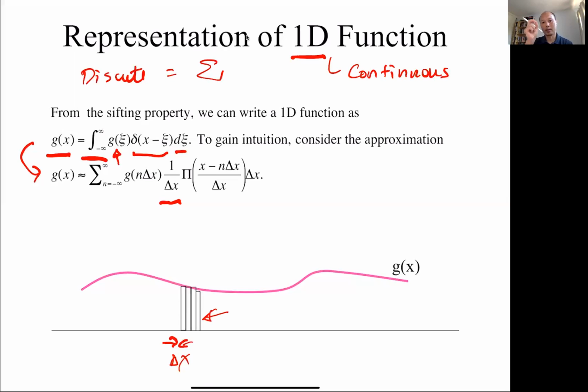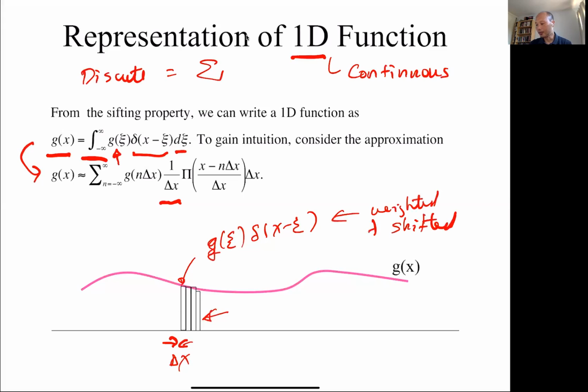Remember in calculus when you did an approximation of functions, now we're just writing mathematically that each of these components is a g of x i times delta x minus x i, and we're weighting it, so each of these is a weighted and shifted delta function.